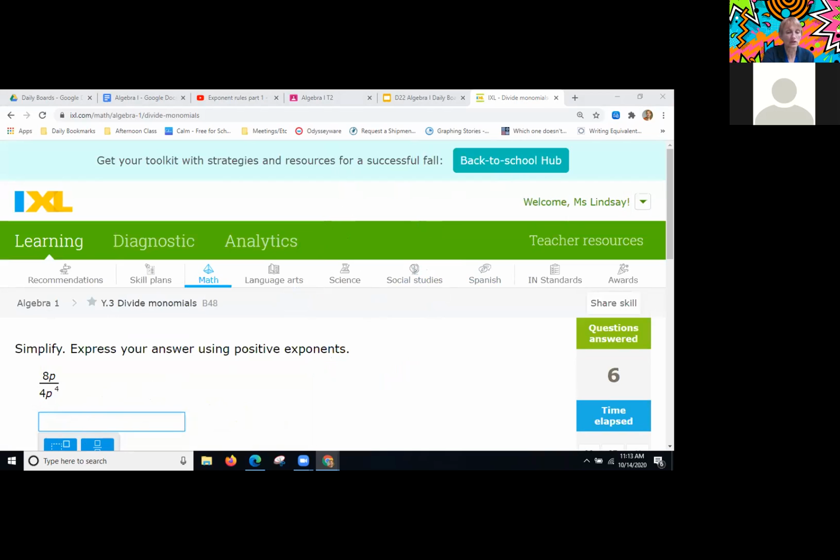I mean, you could still do it, but because there were 3 pages that I asked you to finish, finish those 3 pages or do 3 IXL lessons. Y4 is just going to mix it up. It's going to have some multiplication and some division. So if you want to practice all of them, you certainly can.